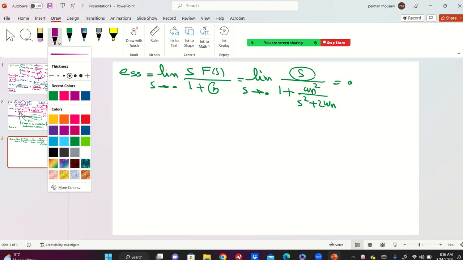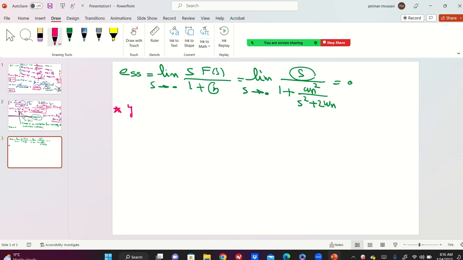So now let's go to the second case. When zeta is 1, a critically damped system, and your input to the system is a step, 1 over s. This is for a step; we did the impulse.